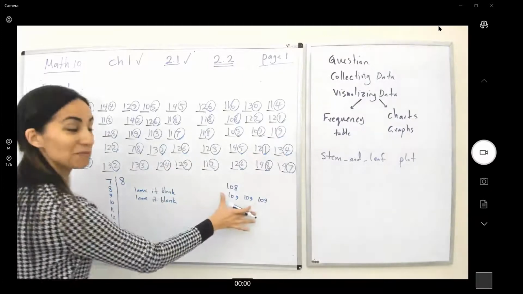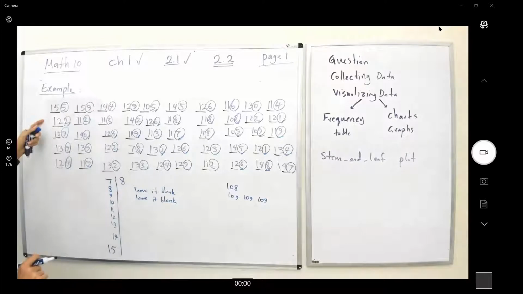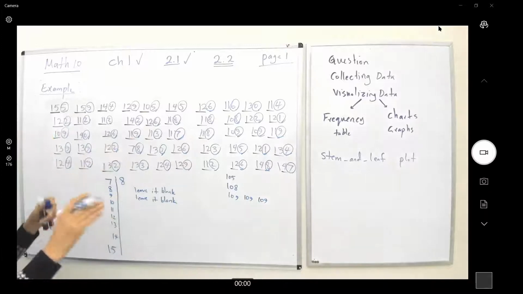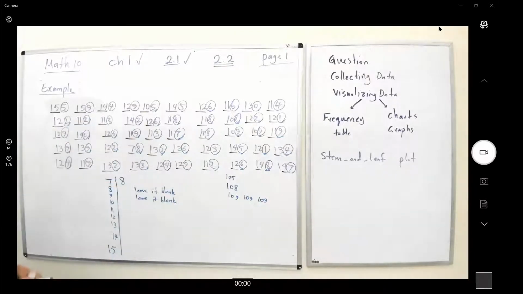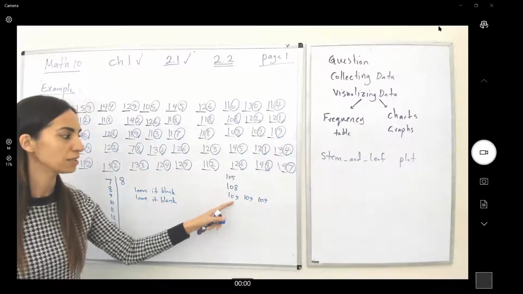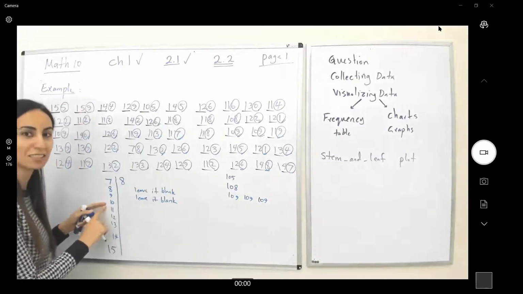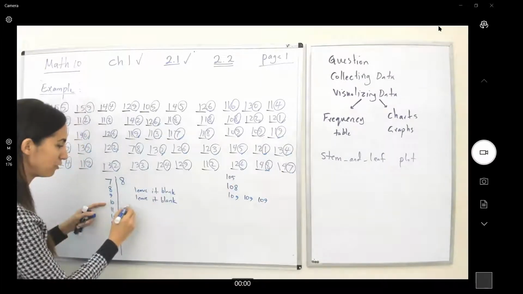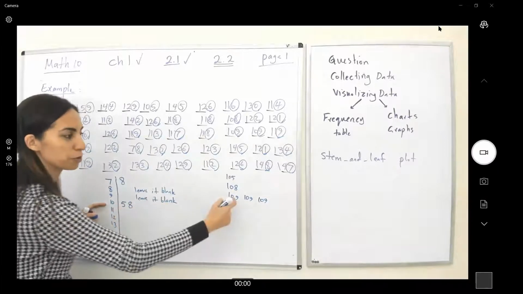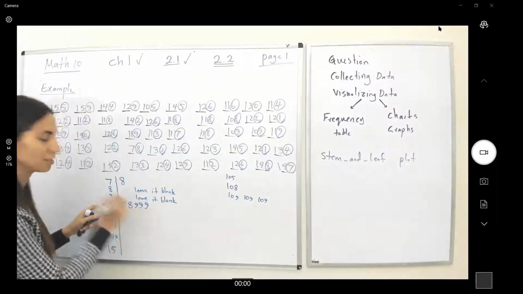Is that it? 10.5. Okay, where is that? Oh, I didn't see that, thank you so much. 10.5, that's why I need your help. You need to help me to identify and find all of these numbers. So I have 10.5, 10.8, 10.9, 10.9, 10.9. So I have my 10 here. I'm going to write 5, 8, and three 9s: 9, 9, 9.